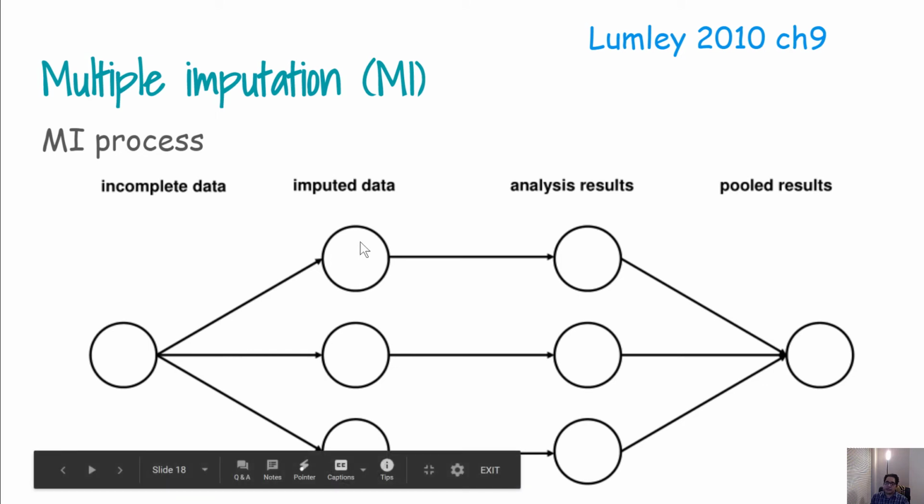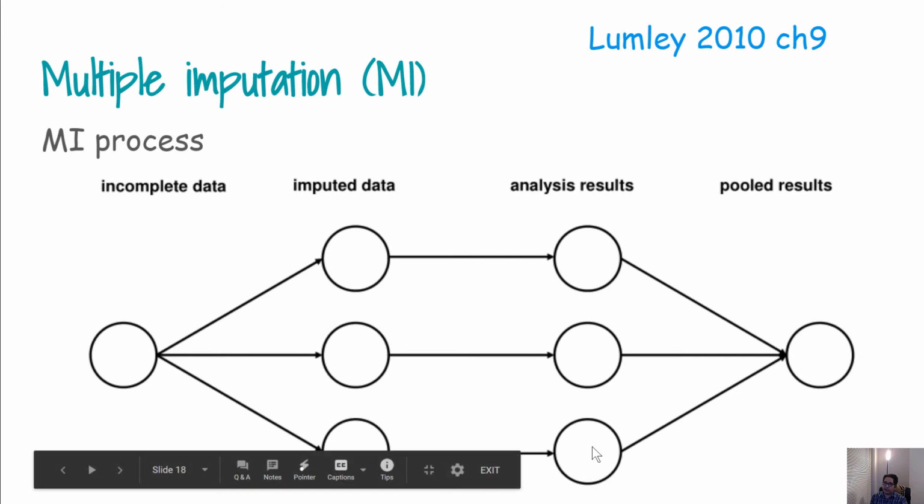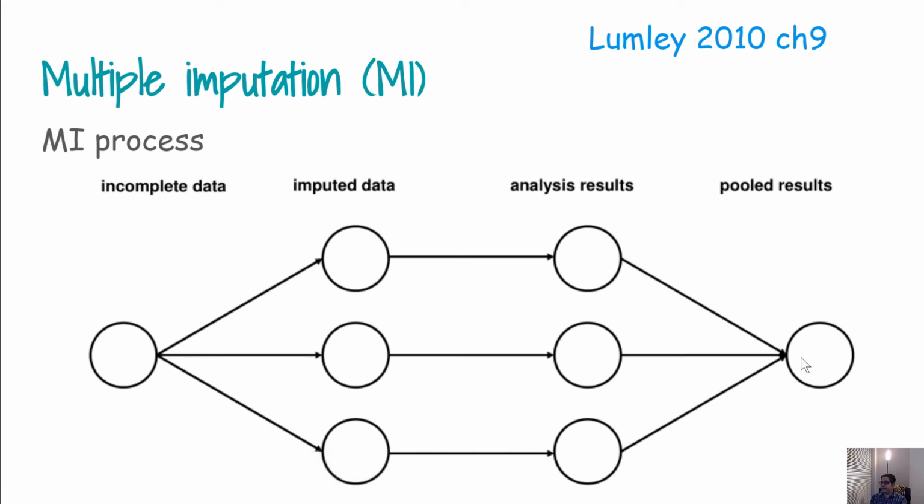I'm just imputing the observations that are missing, and from this data I will get a beta coefficient of the treatment effect or the exposure variable, and I will get another treatment effect here, and another here, right? And then I will pool or aggregate all of these three different results of the odds ratio or the beta coefficients into one value.